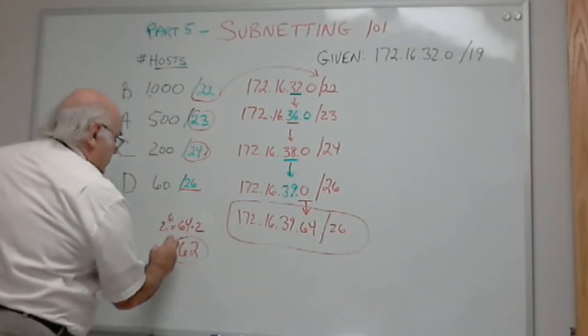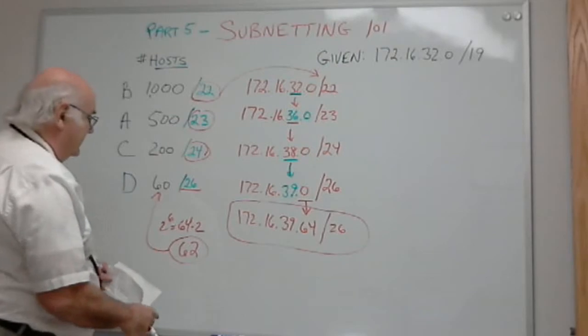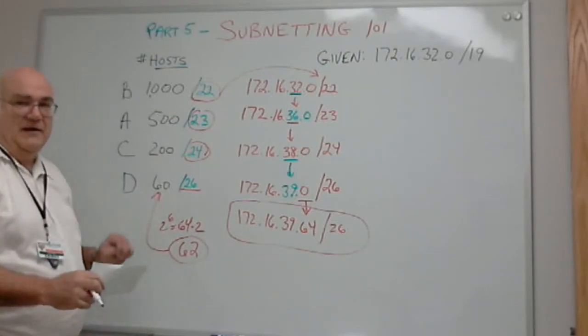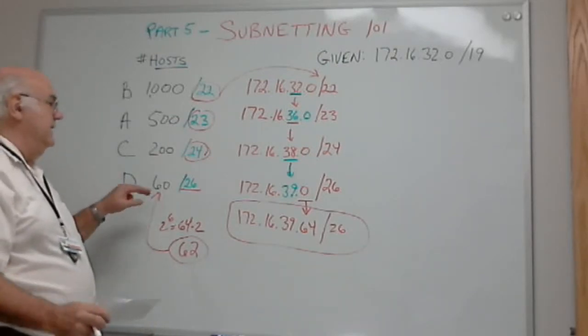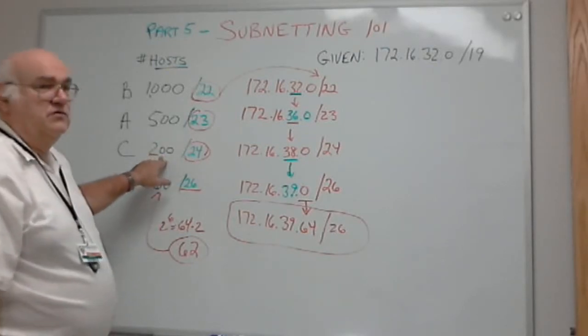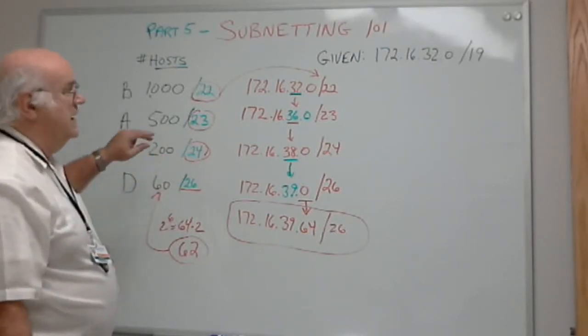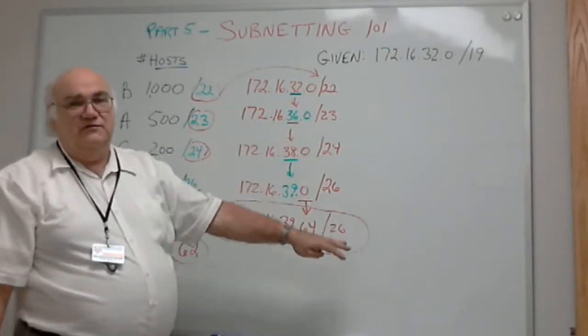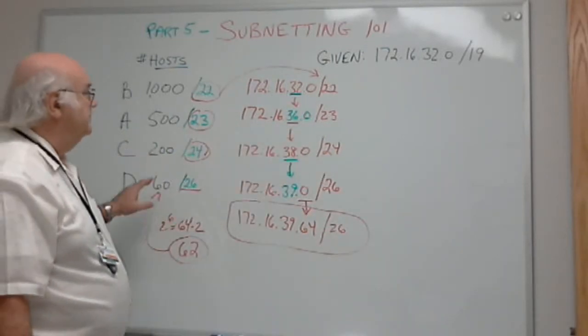Look at this, out of 62 possible addresses, we're going to use 60. We only wasted 2 addresses. Not a bad deal. Here, 254, we're using 200, so we wasted about 50. But that beats the thousands of addresses we wasted before.